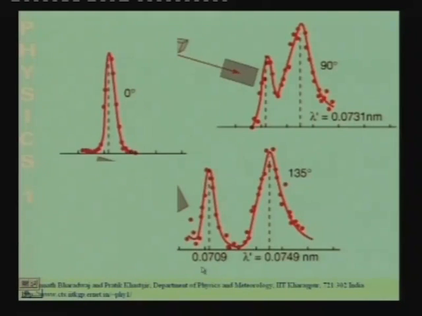Now, the incident X-ray is at a wavelength which you can read from here. It is 0.0709 nanometers, 0.07.